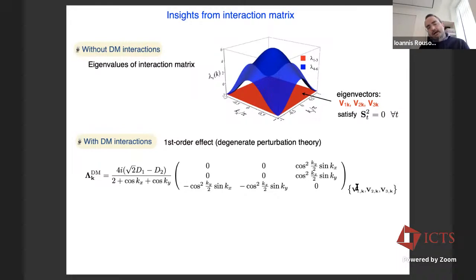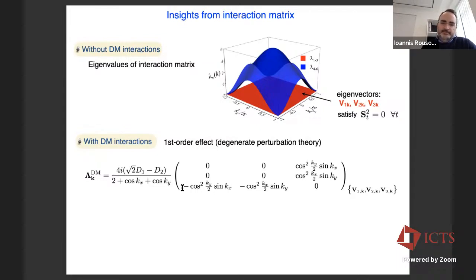So if you rewrite the interaction matrix projected into this particular basis, which is what you do when you do perturbation theory, you form the interaction into this amplitude basis, and then you diagonalize.